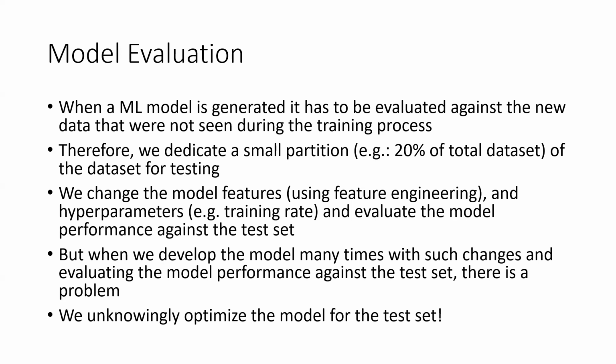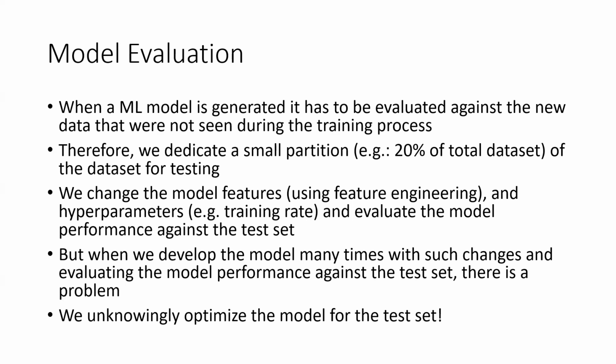When we are testing with the same test set, that would have some effect similar to the overfitting that we have discussed with the training set, which has also happened to the test set, right? So this is a big problem, right?